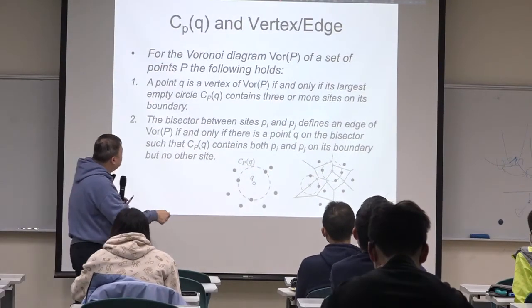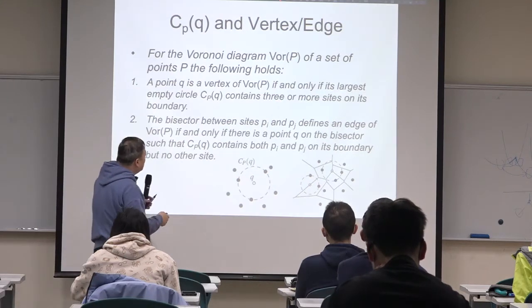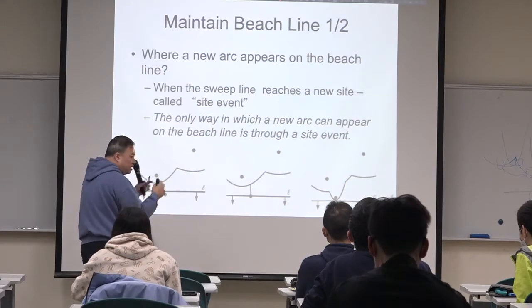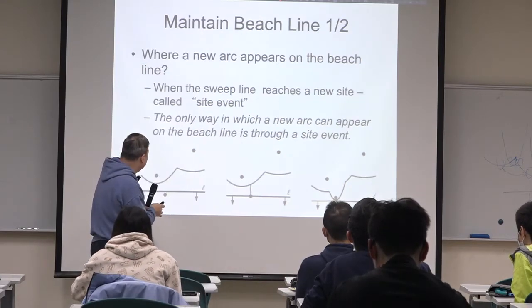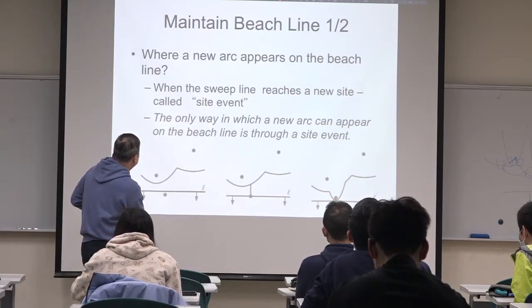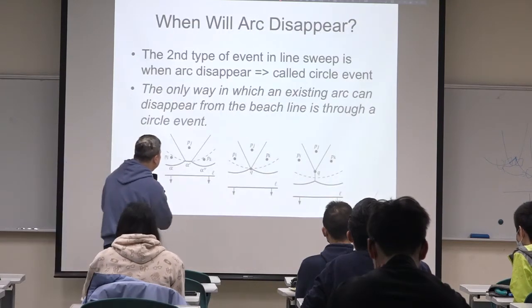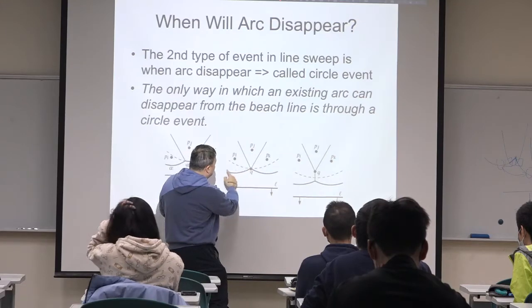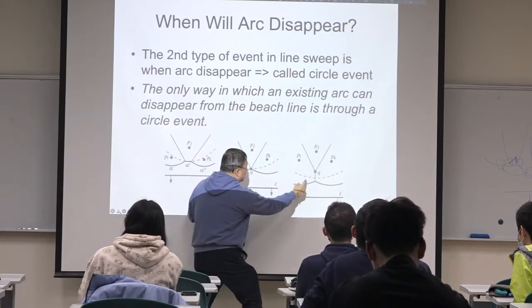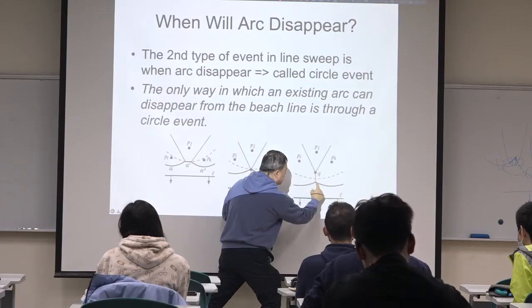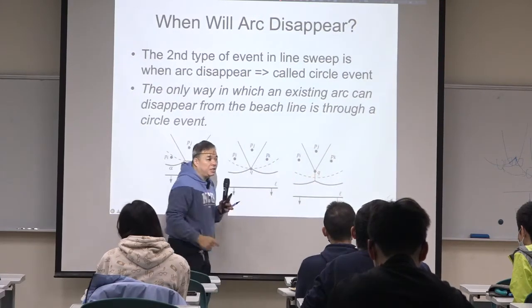If you have two parabolas, in the joint it's going to be something like this. From here, when you keep going down, you will form one line for these two consecutive neighboring parabolas.